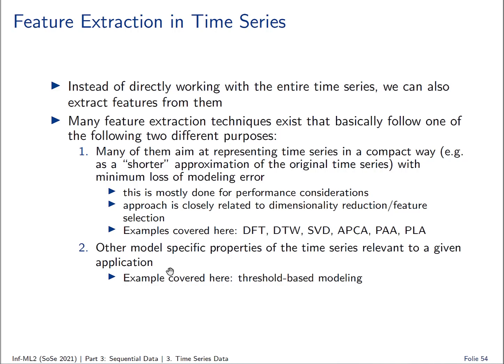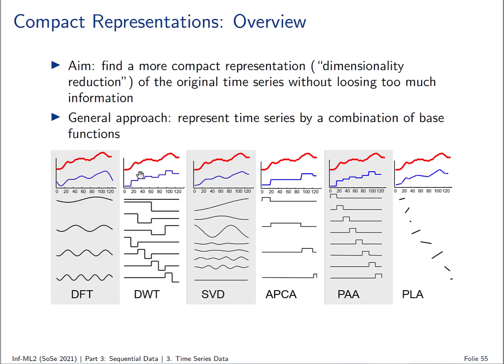And the second one is to extract semantic features specific to some given application. And we'll start with the first one here. And this is just an overview. Again, a lot of material here taken from Eman's tutorial on time series analysis.